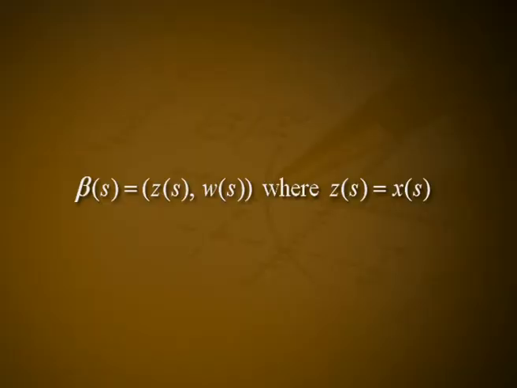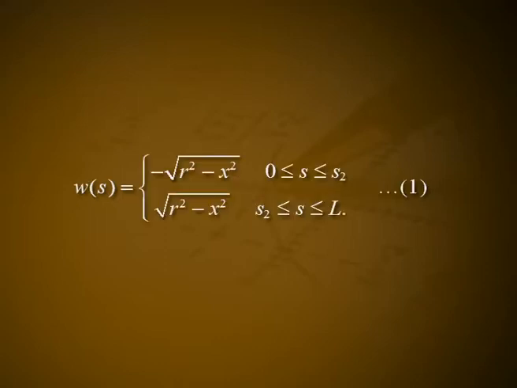The curve beta may be parameterized by beta of s is equal to z of s, w of s, where z of s is equal to x of s, and w of s is equal to minus the square root of r squared minus x squared for 0 less than or equal to s less than or equal to s2, and the square root of r squared minus x squared for s2 less than or equal to s less than or equal to L. Equation number 1. Note that s is arc length on alpha but not on beta. In fact, with this parametrization, beta may not be regular, but it is C squared.